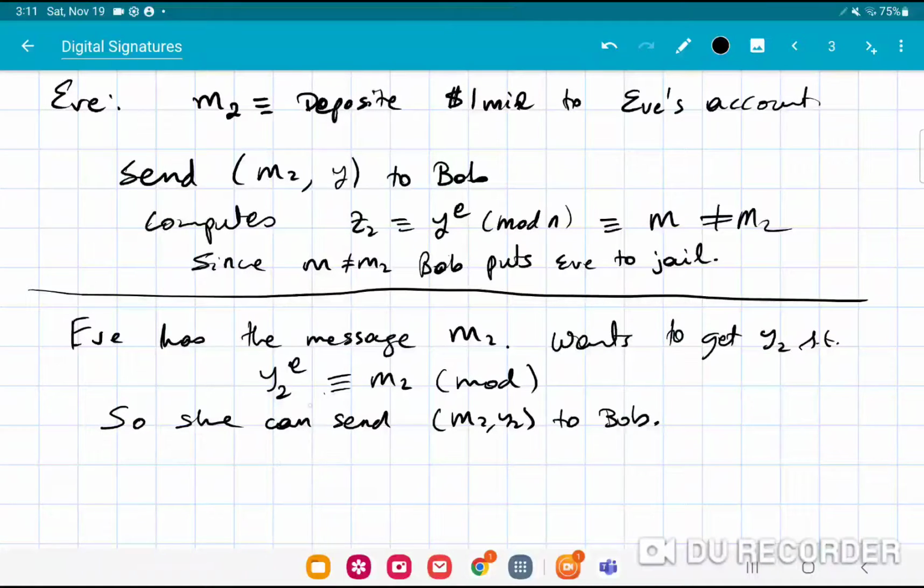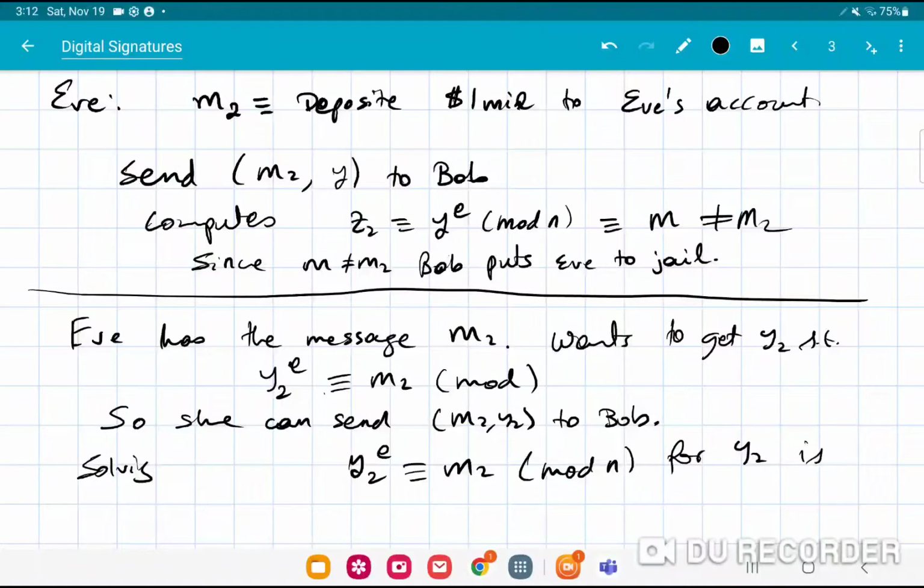However, finding Y2, that is, solving Y2 to the power of E equals M2 mod N for Y2, is called a discrete log problem.